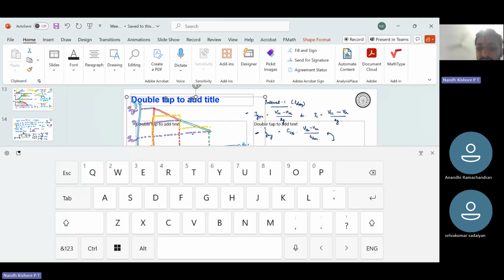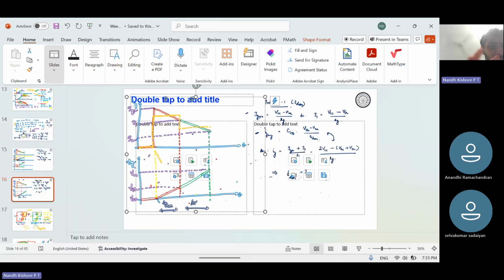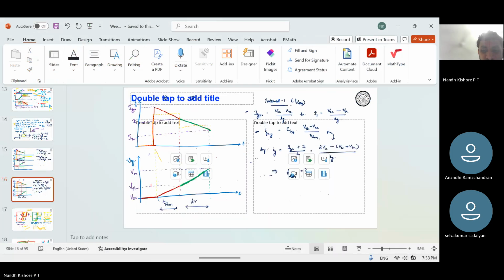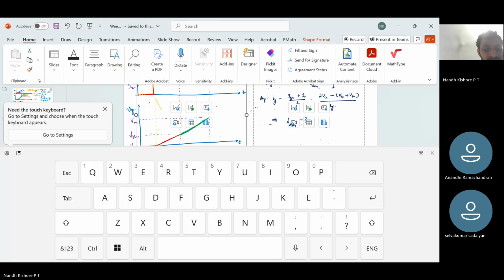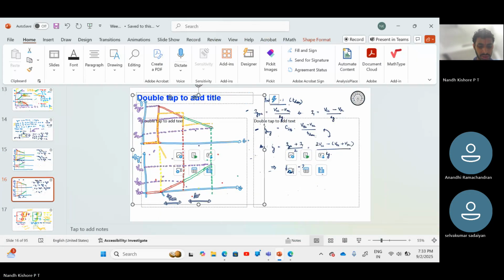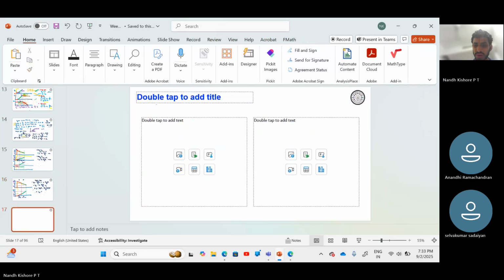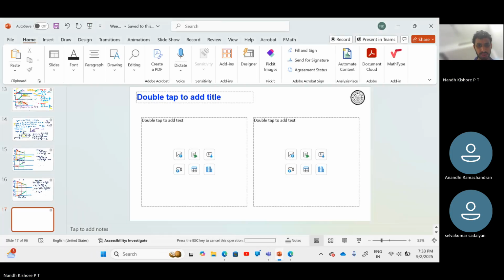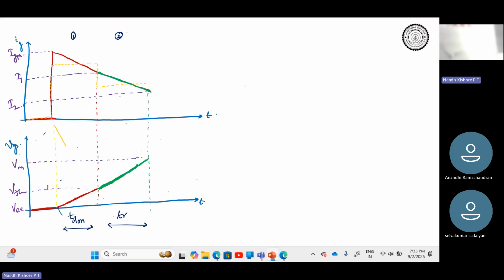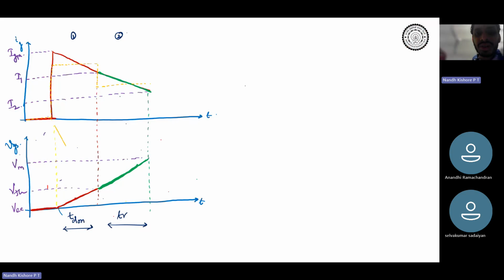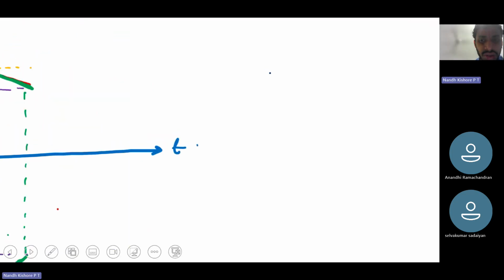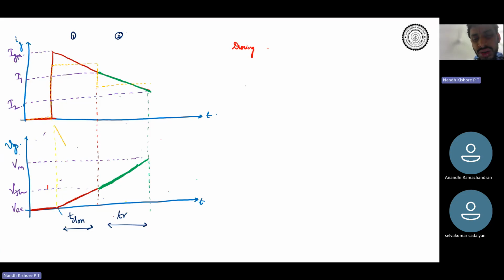Okay. So I'll just copy this. So during interval 2, that is during the rise time, what you know is basically I1.